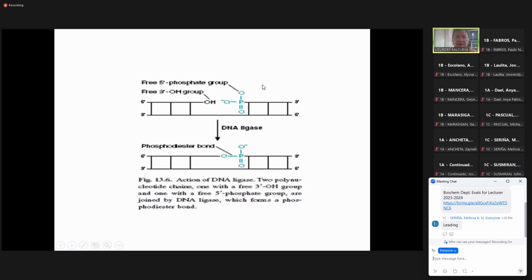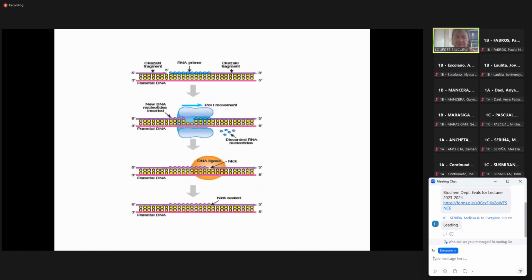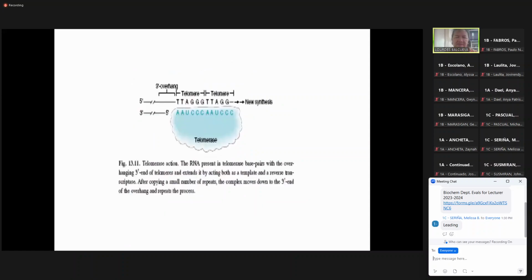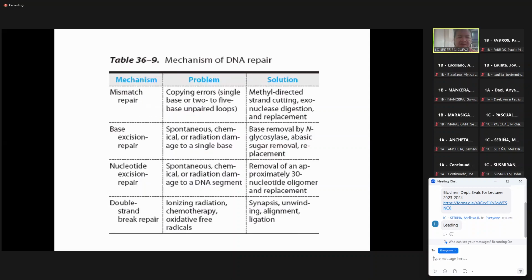And again, what is the bonding? Phosphodiester bonding.